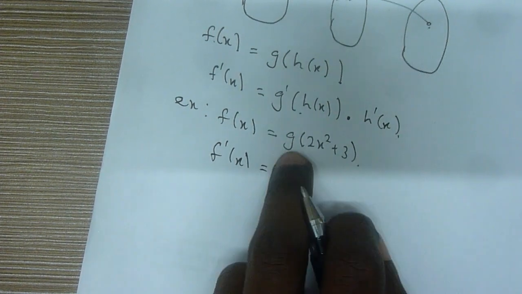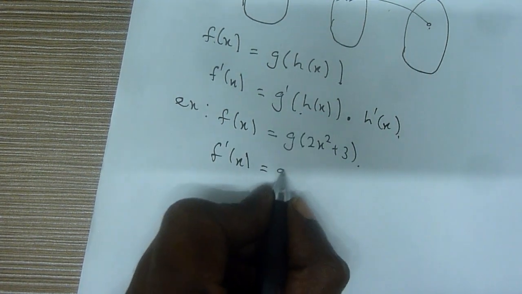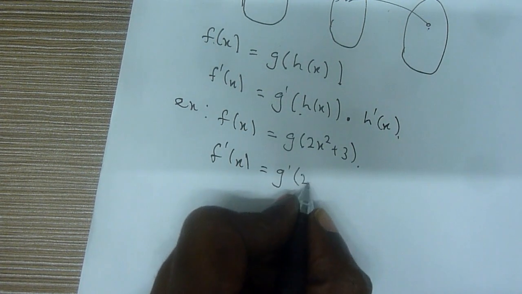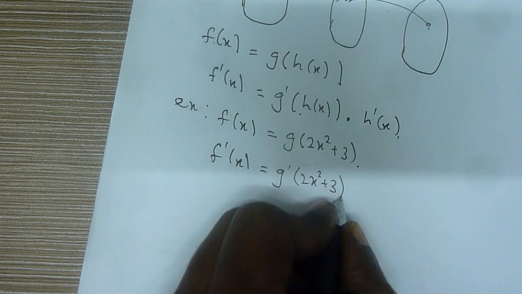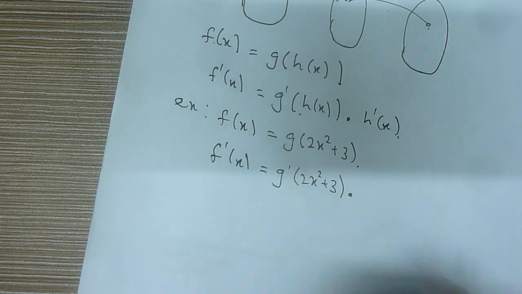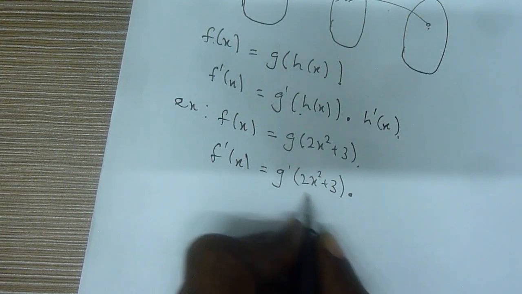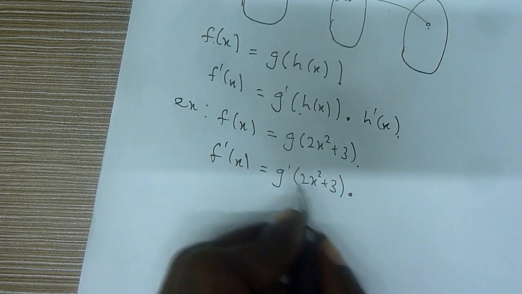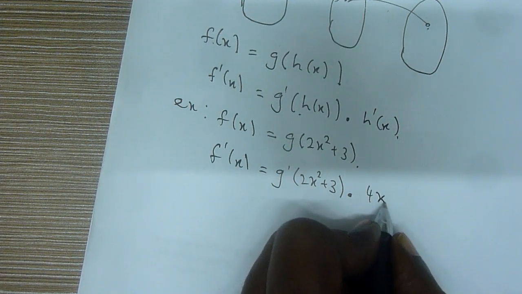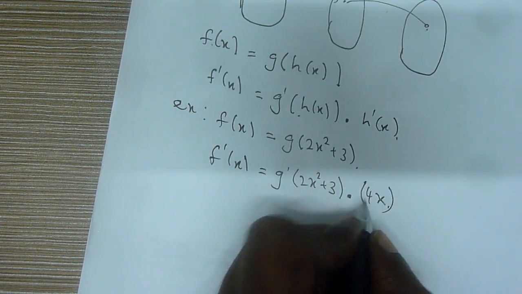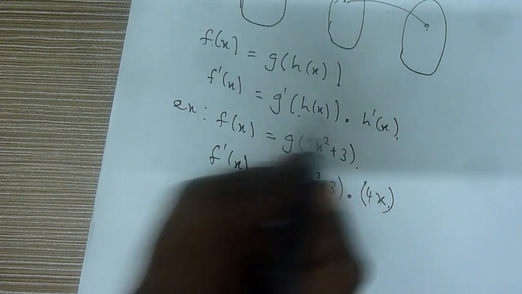Okay, we don't know what g is, doesn't matter, but we just differentiate that, g'(2x^2 + 3), dot product. Okay, dot product, then only we should move inside, and you should be able to say that as 4x. Okay, this is the second, h'(x). Can you see this clearly?